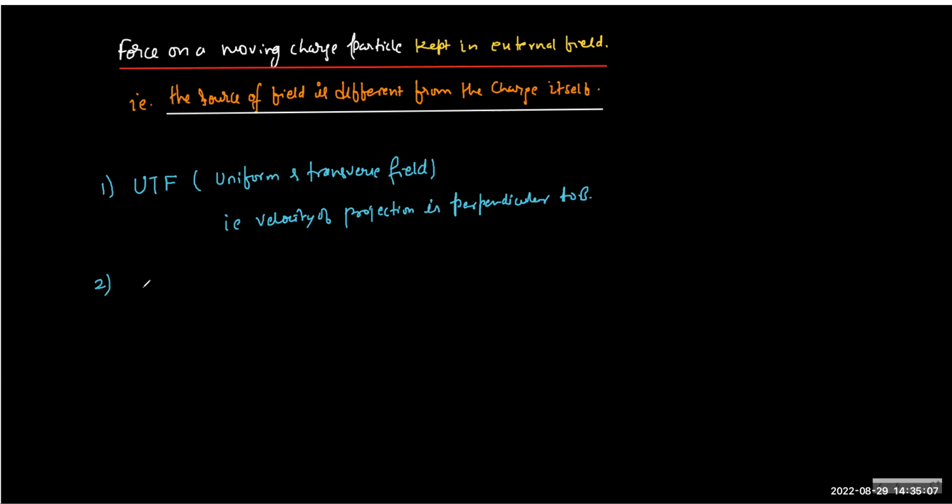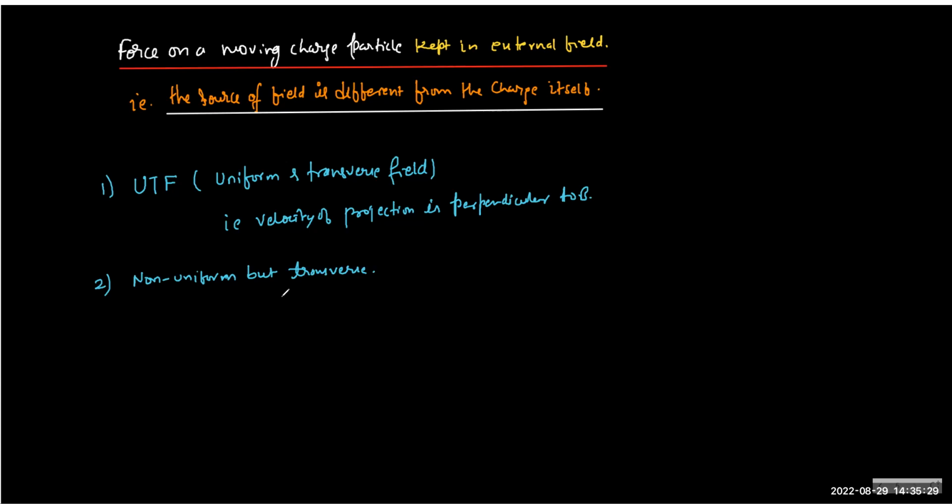So the next will be very logical. It is non-uniform but transverse. So now the next is obvious. We are keeping the direction intact.